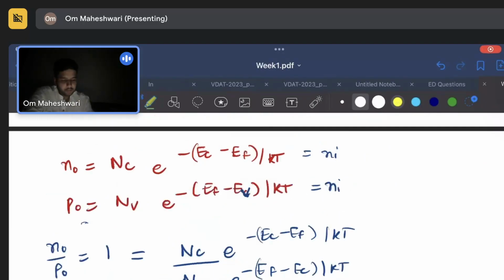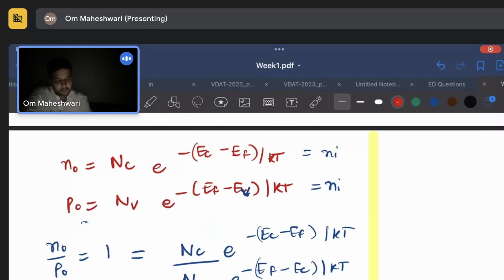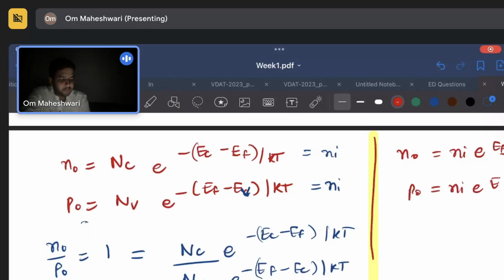I have not written it, but yeah, this will be there also. N0 equals Ni e to the power (Ef minus Ei) by Kt, P0 equals Ni e to the power (Ei minus Ef) by Kt. These are also important relations.